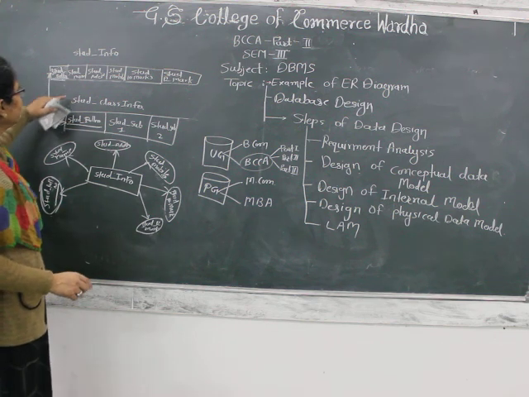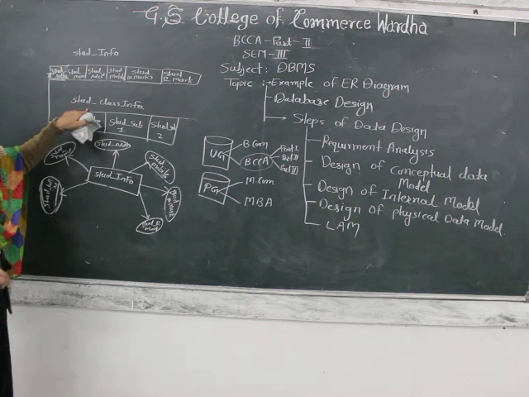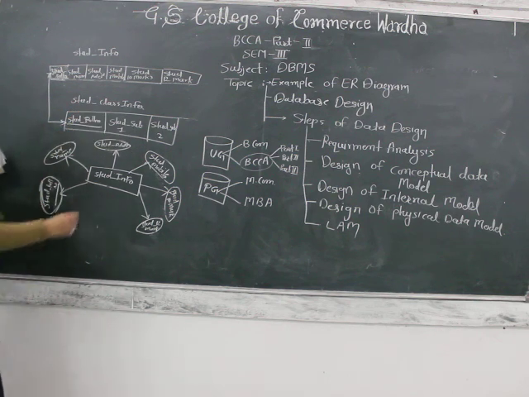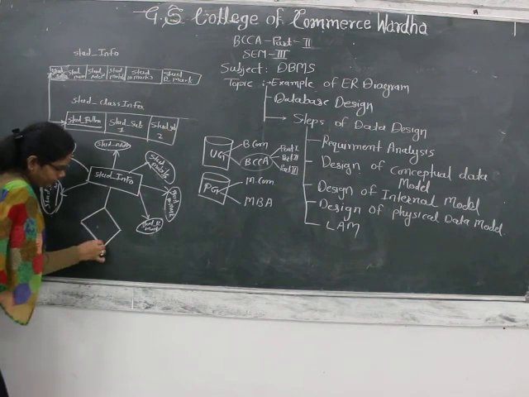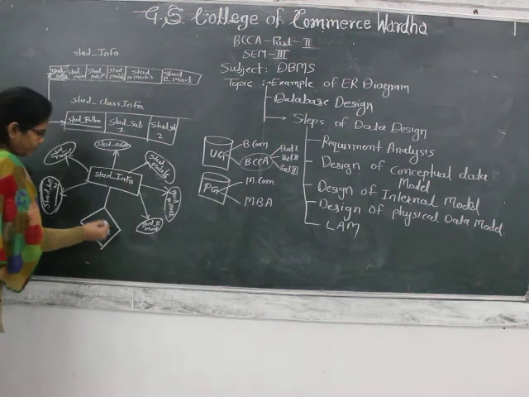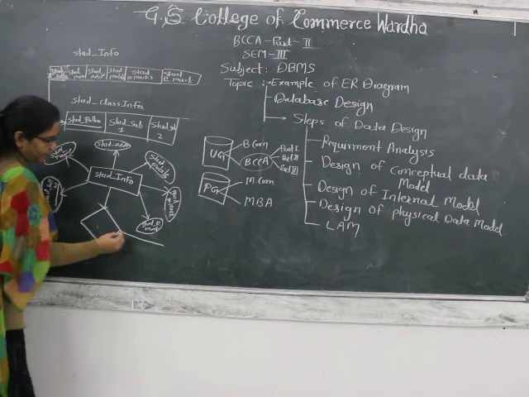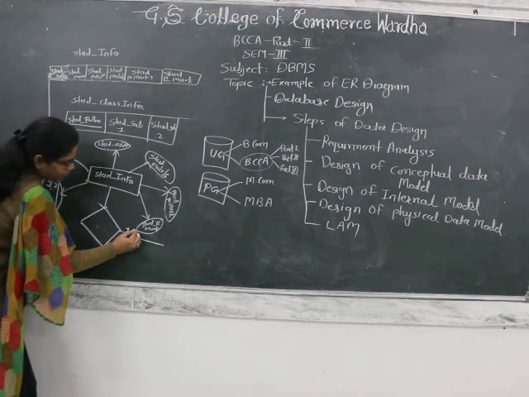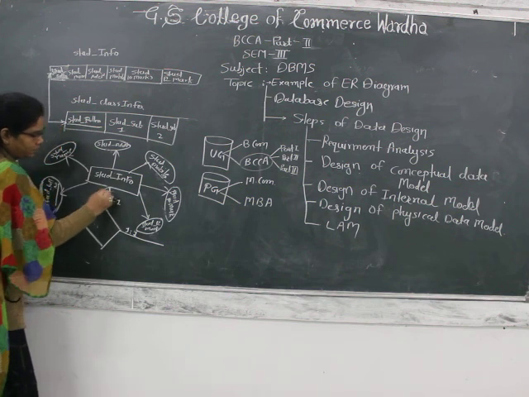Then the relation with the entity named stud class info. How is the relation indicated in an ER diagram? In diamond shape. So we are connecting with a diamond shape, but the connection is 1:1, so we write 1:1 here.